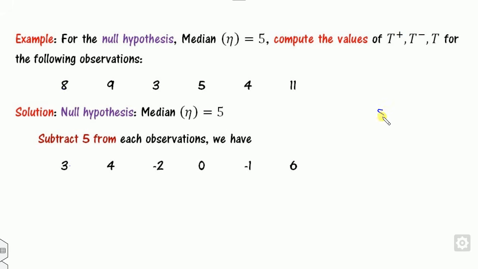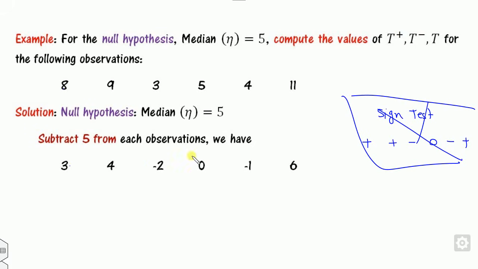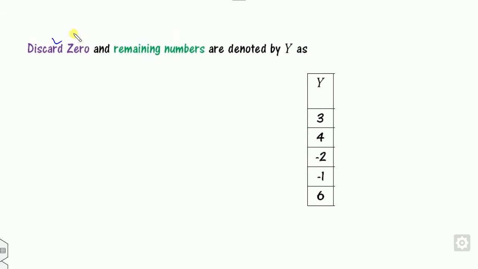Now check whether there is any 0. Yes. If any 0 is present, you have to discard the 0 and write the remaining elements this way.